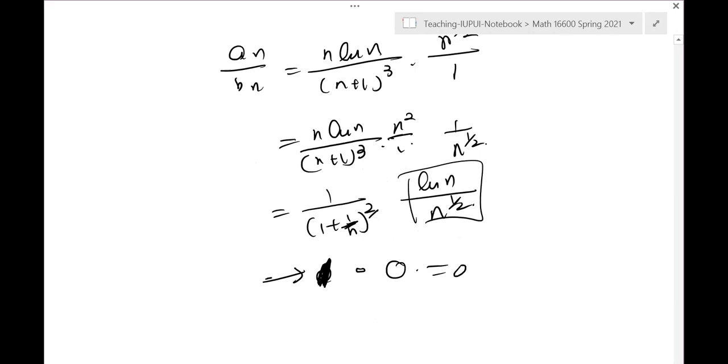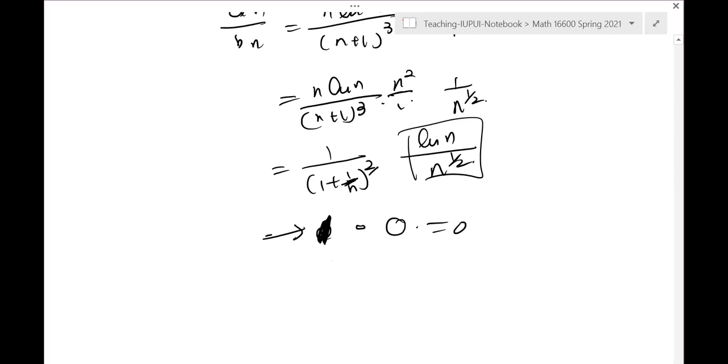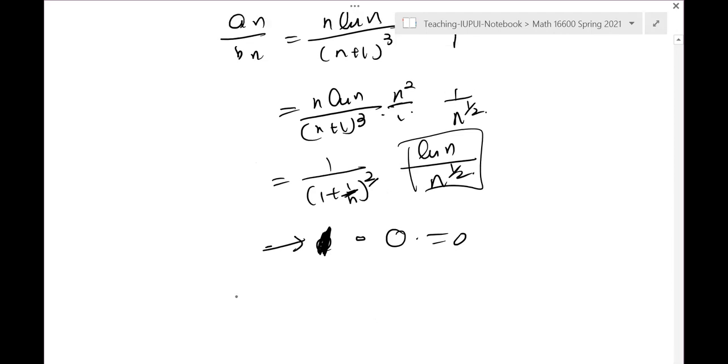Then 0 is okay. 0 is okay. The limit of an over Bn is less than 1.